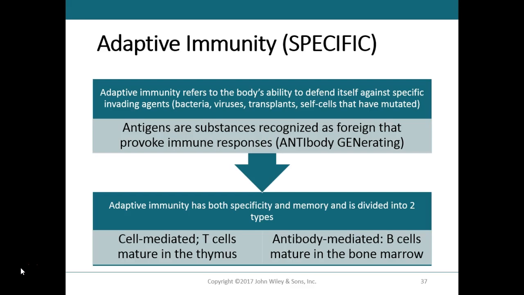Antibody-mediated immunity works mostly against extracellular pathogens, and that can include viruses, bacteria, or fungi that are in body fluids outside cells. Since antibody-mediated immunity involves antibodies binding to antigens in body humors or fluids, such as the blood and the lymph, it's also sometimes referred to as humoral immunity.